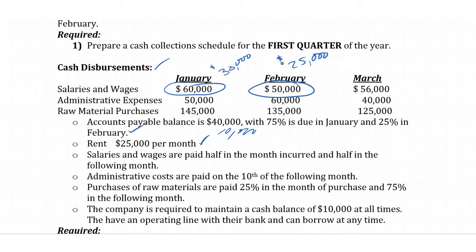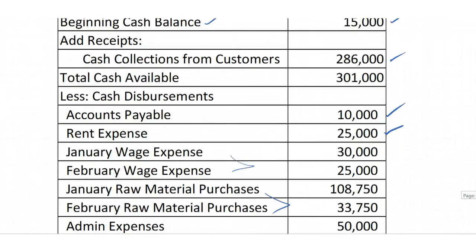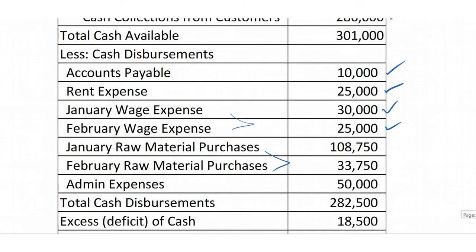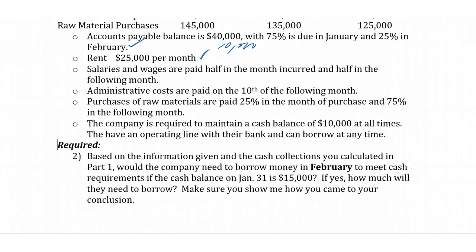That's what's paid in February. The second half of January and the first half of February. And so the 30 and the 25, that's where I've listed those separately to help you understand this. Again, you may want to just do that math and then put that together as a combined number.